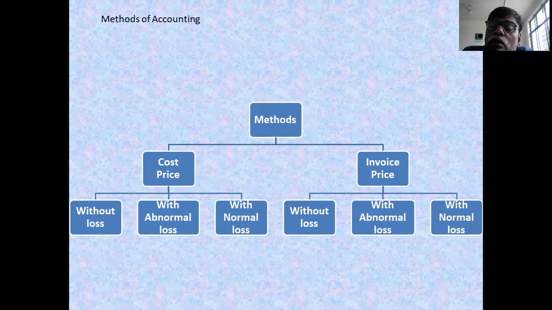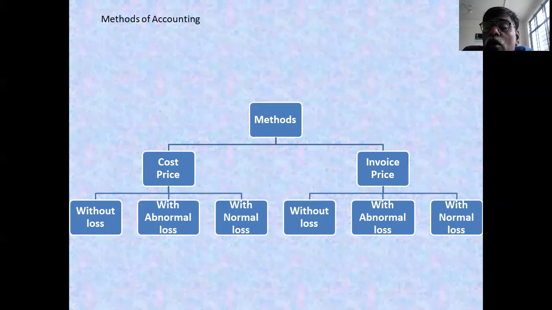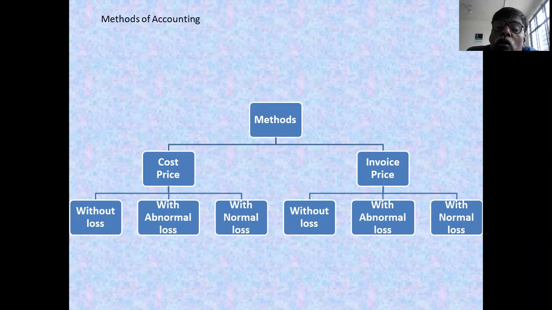It is beyond the control of the consignor and beyond the control of the consignee. Whatever losses you incur beyond the control of your capacity, that loss is called normal loss.